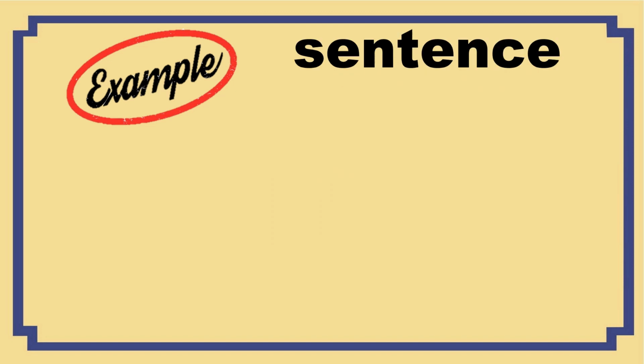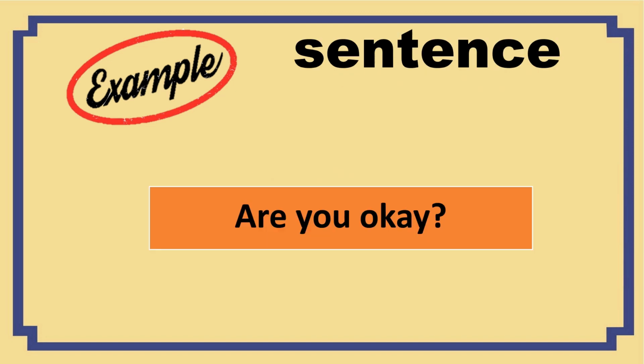Another example. Are you okay? In this sentence, the subject is you and the predicate is are okay. Although it ends with a question mark, it is a sentence as it expresses a complete thought.